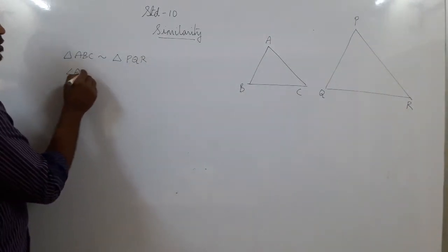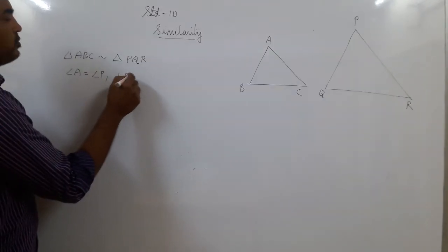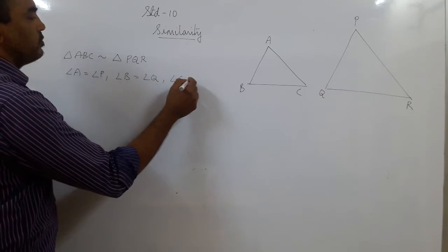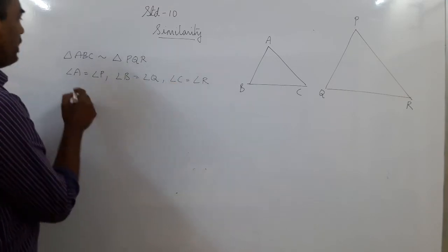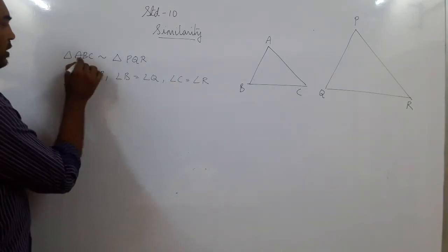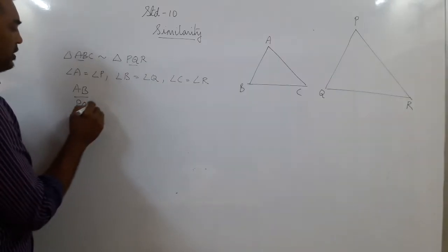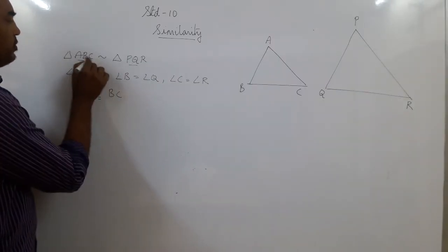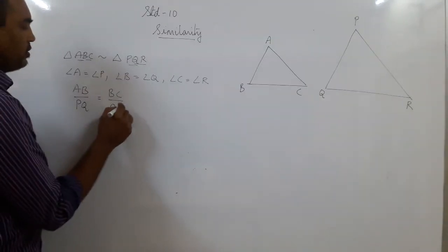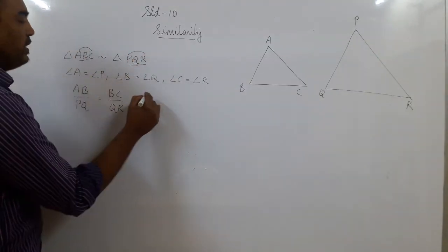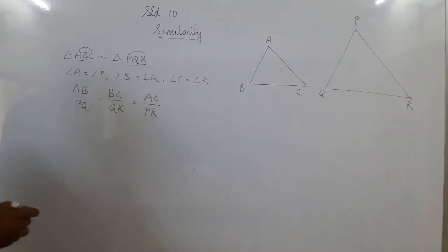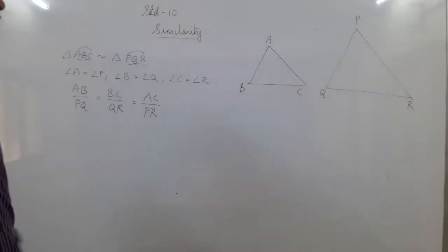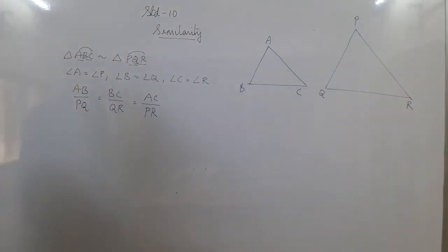The corresponding angles are equal: angle A equals angle P, B equals Q, C equals R, and the ratio AB upon PQ equals BC upon QR equals AC upon PR. Because the two triangles are similar, the corresponding angles are equal and the ratio of their sides is also equal. So what is the new thing we are going to do today?